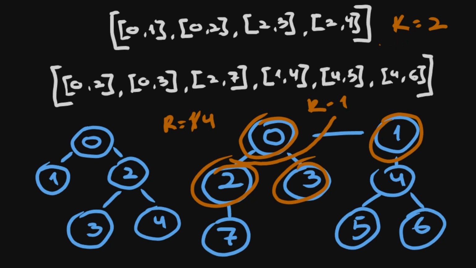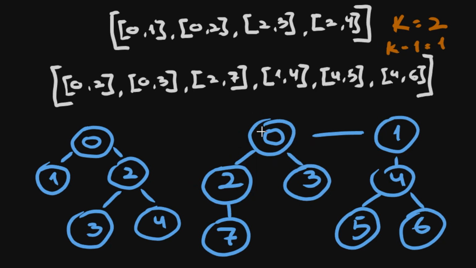And given that our limit is k minus 1, meaning 1, we cannot traverse any more nodes, so the maximum value that we can get from this source is 4. So we know that from 0 we can get a 4. And we will repeat this same process with every other node in this tree. Now let's say this is the source and we are currently at level 0.